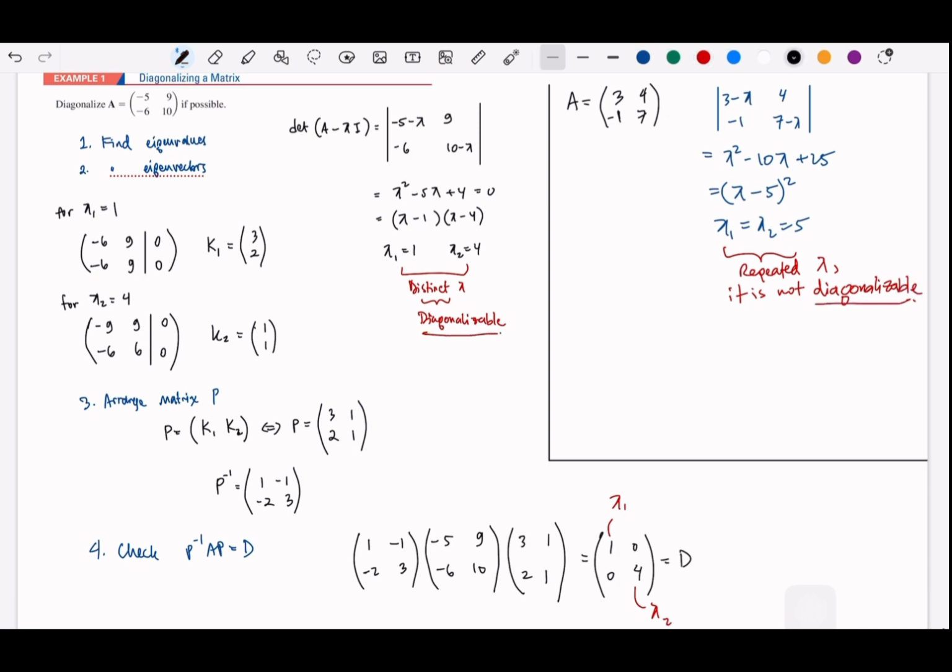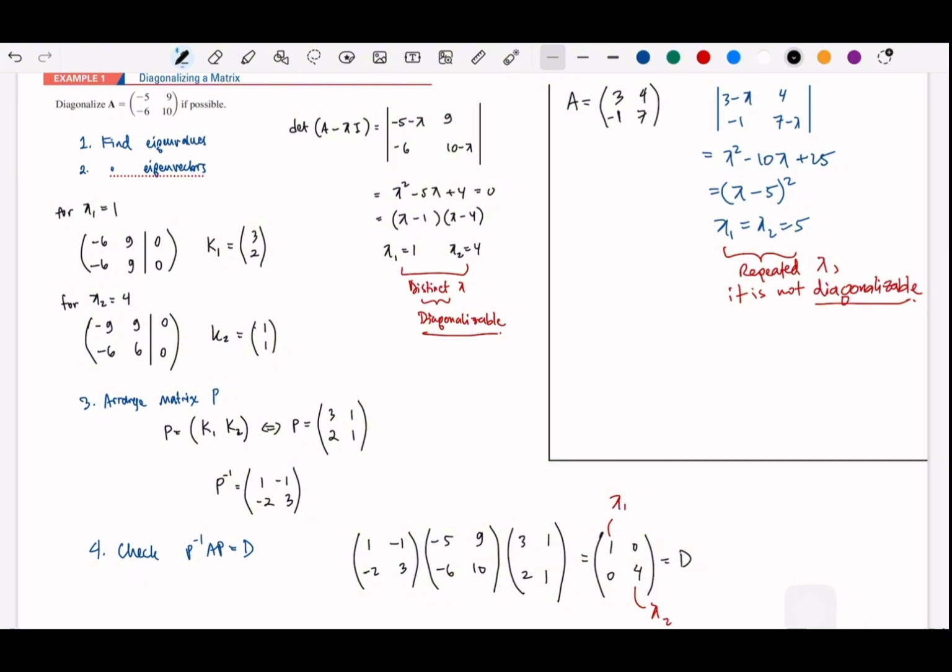But there are other conditions where if we have a 3 by 3 matrix, we can have maybe 1 and 2 repeated, but the other one distinct. They can have diagonalization. They can. But we need to confirm. That's the problem where we need to confirm.